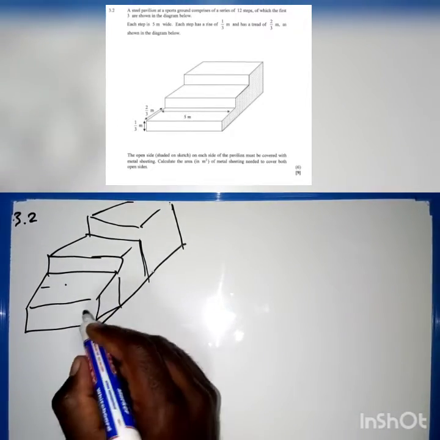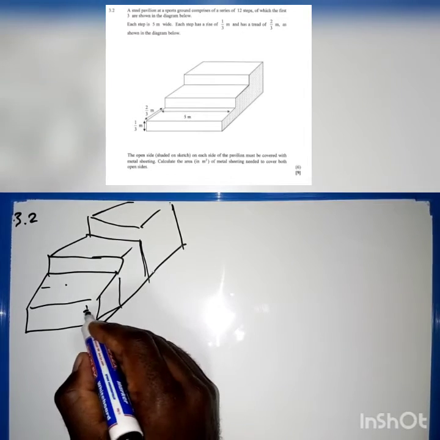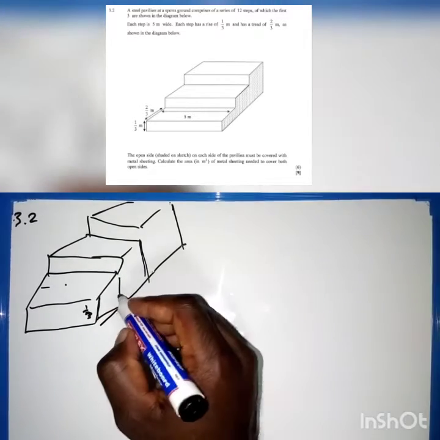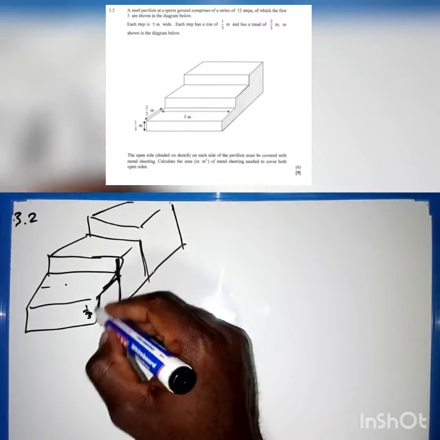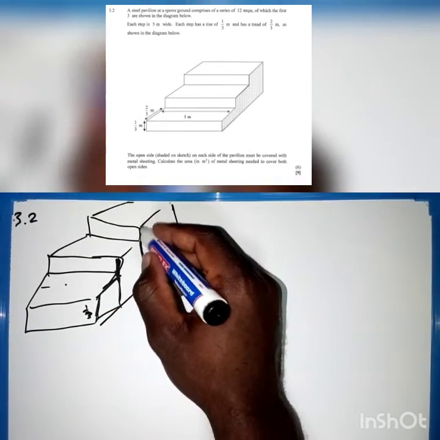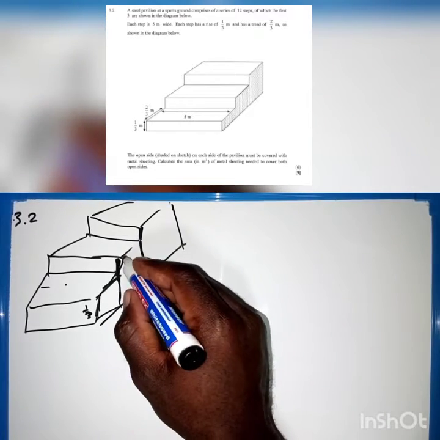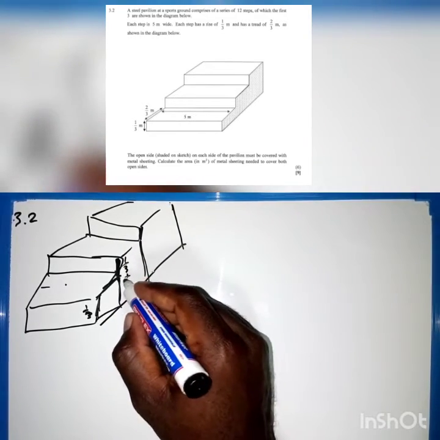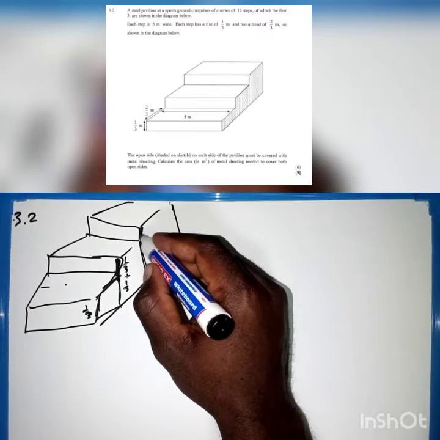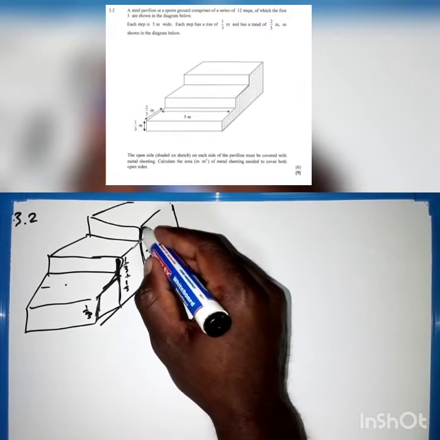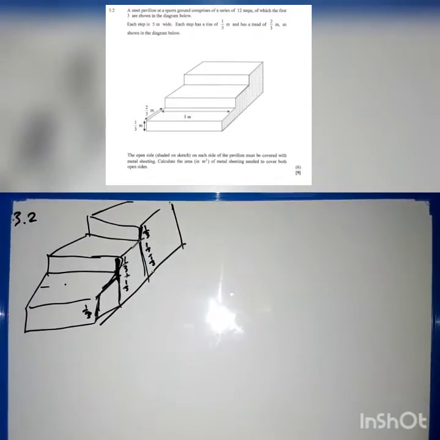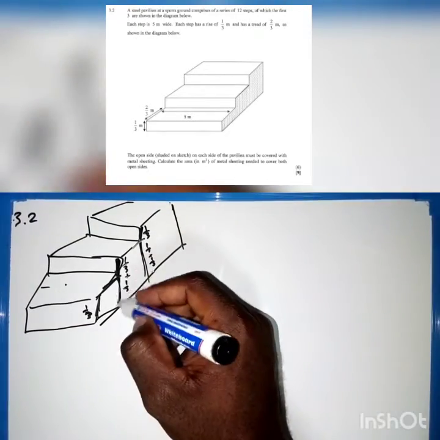And then this is 1/3, and then it increases. This and this is the same length. This and this and this are the same. So this is also 1/3 plus 1/3 here. So this will be 1/3 plus 1/3 plus 1/3. So that will be this part.